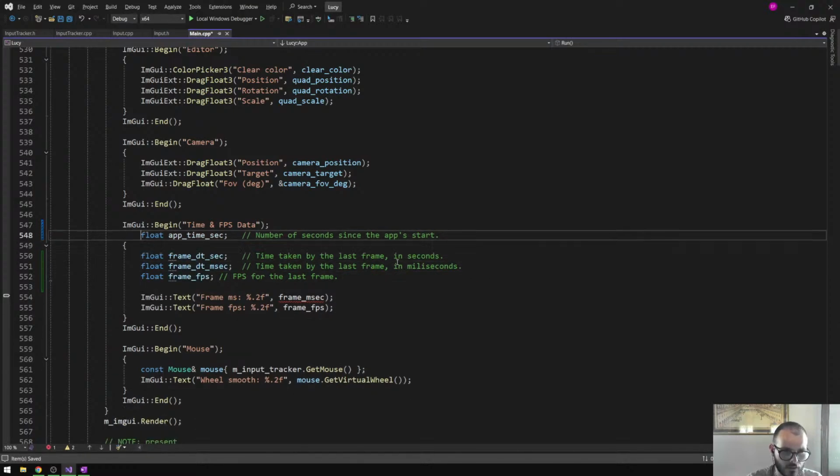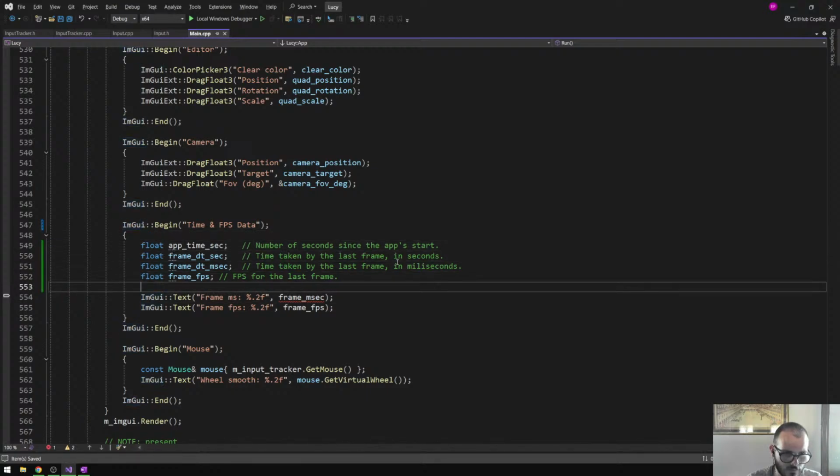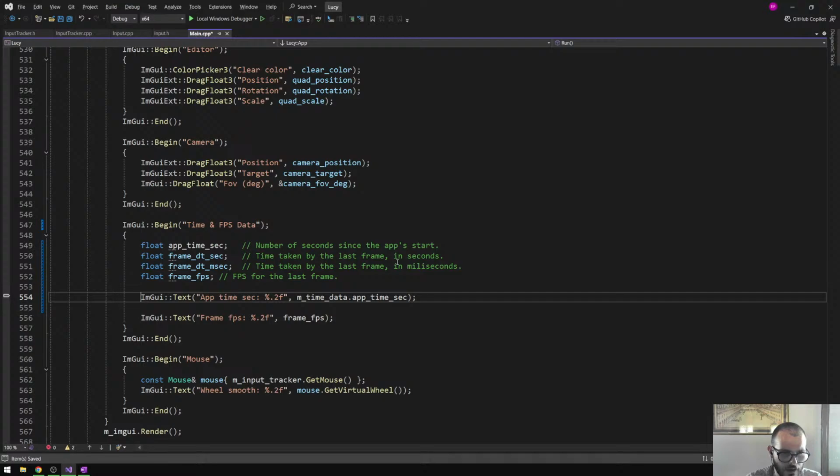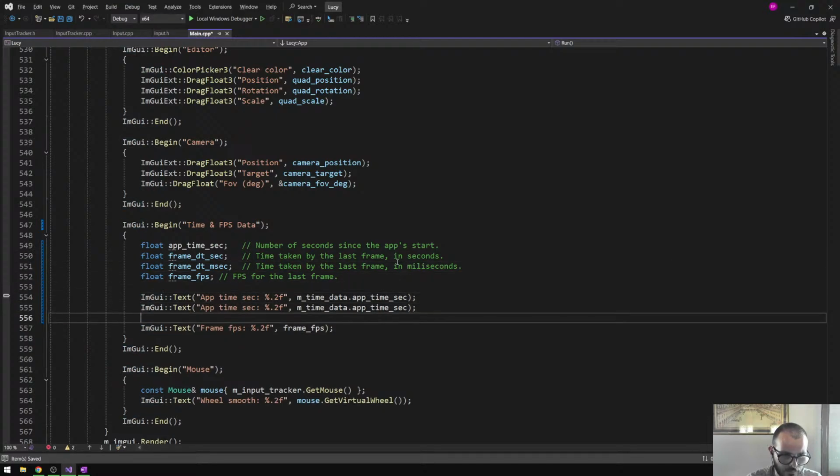So first and foremost, we have the uptime, data dot uptime in seconds, and this is the uptime in seconds. Then we have the frame delta time in seconds.